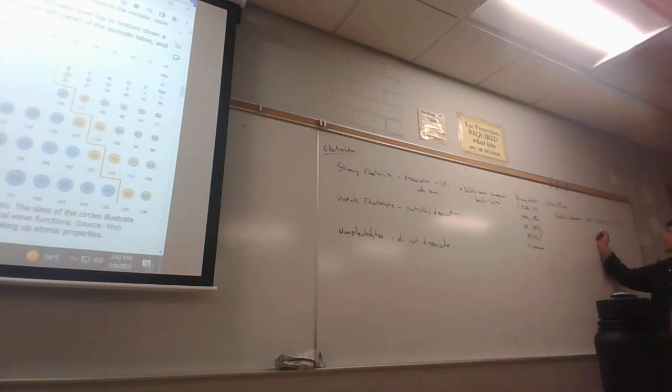So if I had sodium hydroxide, strong base or weak base? Strong base. Let's say I had magnesium hydroxide, strong base or weak base? Weak. So this is strong, this is weak.